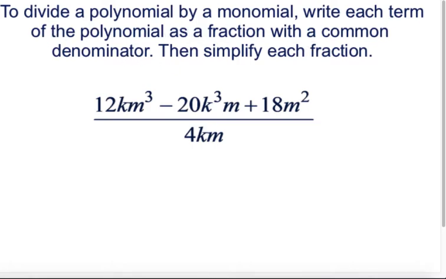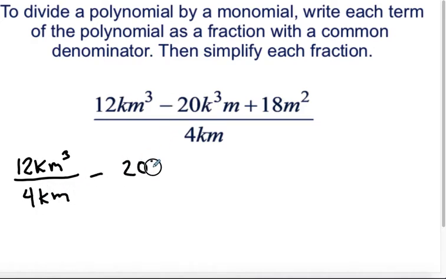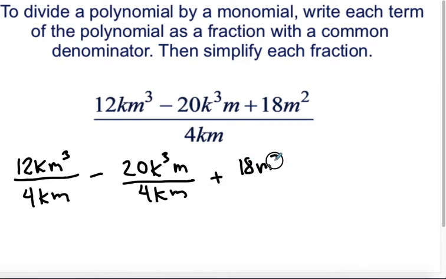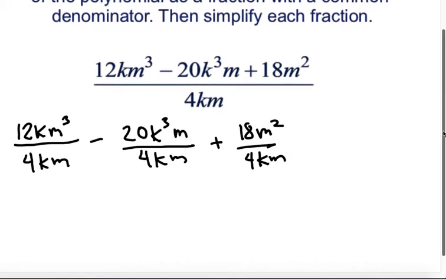We start with the first term, 12km to the third power divided by 4km, minus 20k to the third power m divided by 4km, plus 18m squared divided by 4km. Okay, now we're going to simplify each fraction.